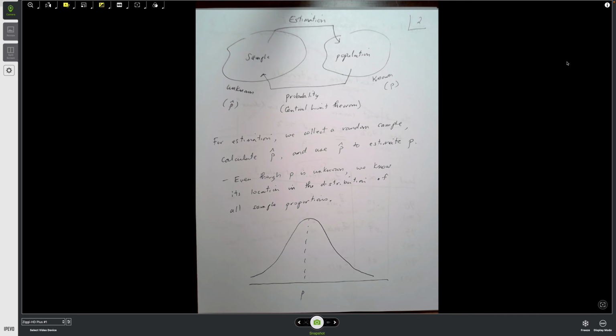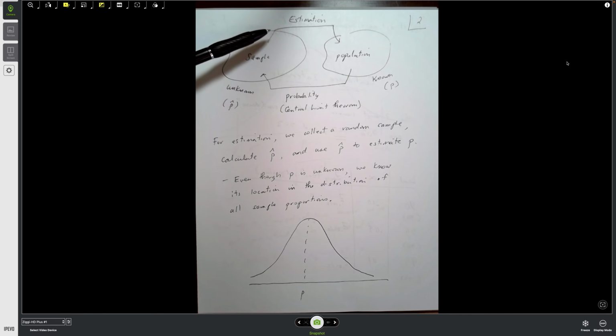We do things like, I think we used 40% of people have a fear of flying. What percentage of people from a sample of 200 or whatever would report they have a fear of flying? We don't know what that would be, but we can determine the probability of an area. Okay, so we're moving the other way.